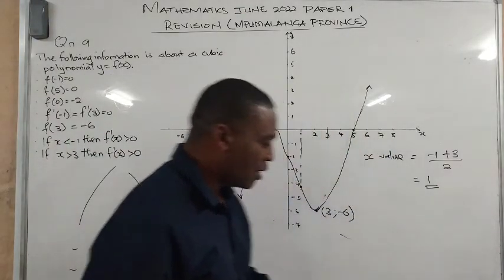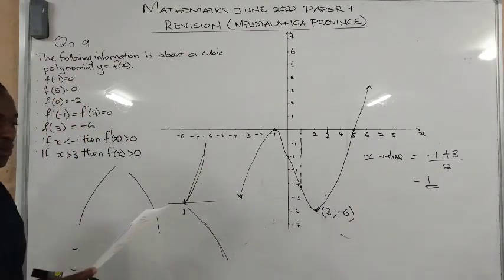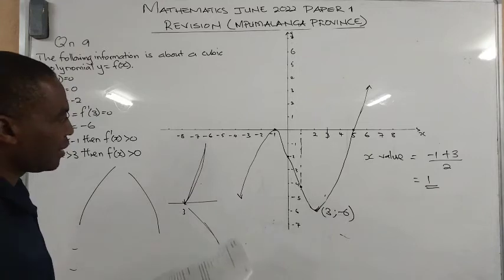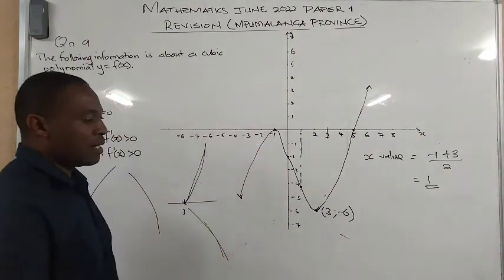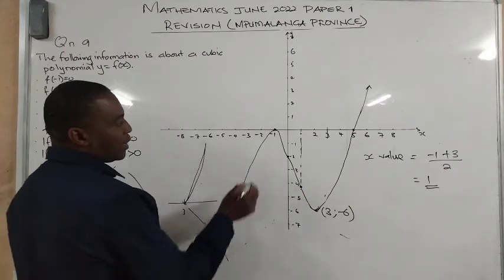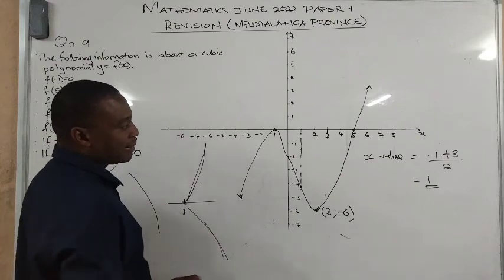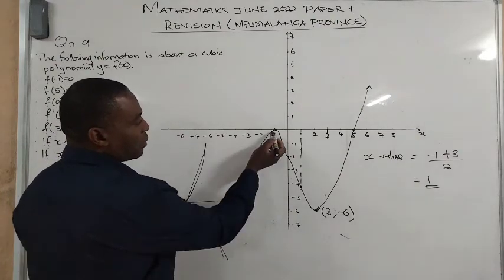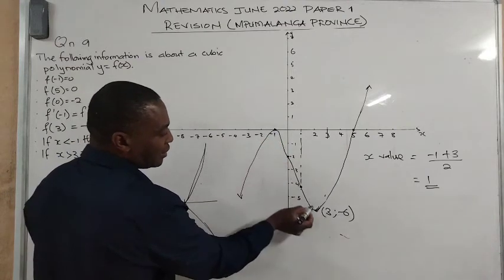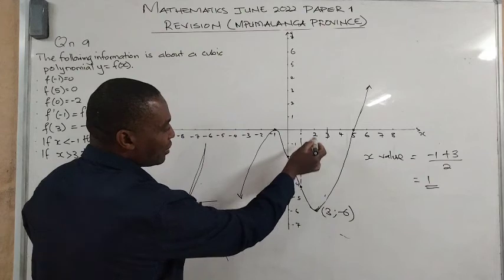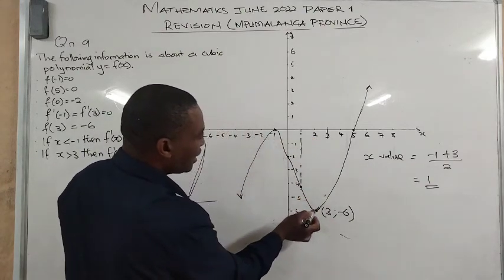Then 9.3, for which values of x is the graph decreasing? Now, where the graph is decreasing is basically where we do have negative gradient. So this is positive gradient, and then from negative 1 until x equal to 3, what we have is the negative gradient.